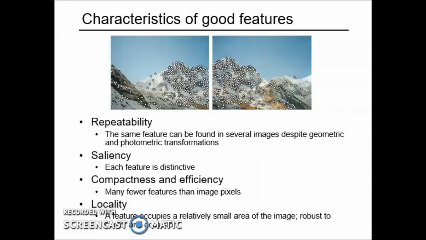Then we should keep in mind that the features are compact and efficient, because if the features are not compact and the efficiency is not good, then we are spending too much computational resource doing this. And then locality, which means that a feature occupies a relatively small area of the image and is robust to clutter and occlusion.